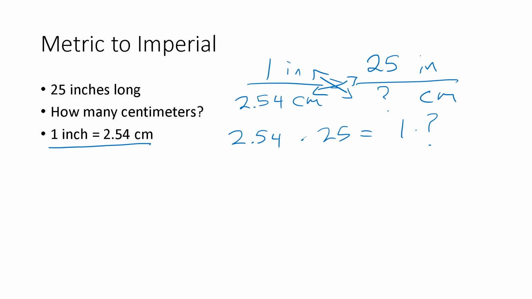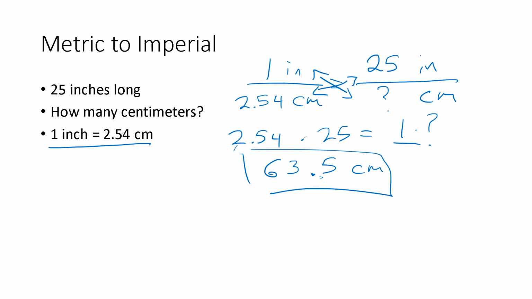And 25 times 2.54 is 63.5. Obviously, we would divide by our 1 over here. Any number divided by 1 is itself. So 63.5 divided by 1 would be 63.5. So your 25-inch long baby is 63.5 centimeters long.